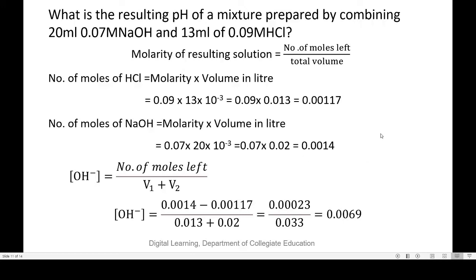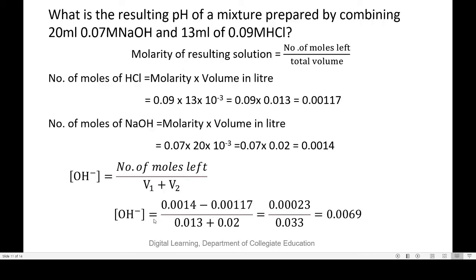If we observe, the number of moles of NaOH is more than the number of moles of HCl. So after neutralization, the resulting solution will have hydroxyl ion concentration. So it can be calculated. So the hydroxyl ion concentration will be equal to the number of moles left after neutralization upon the total volume expressed in liters.